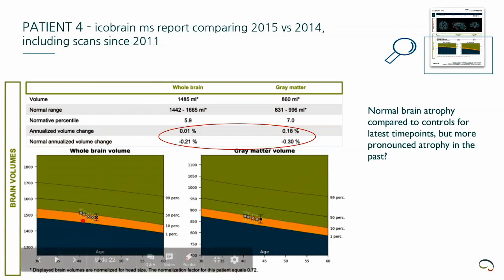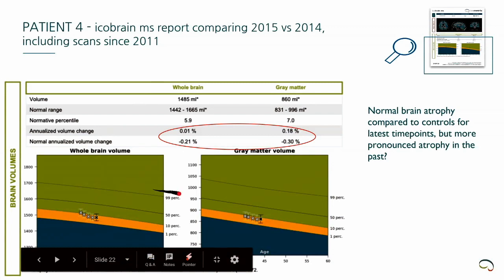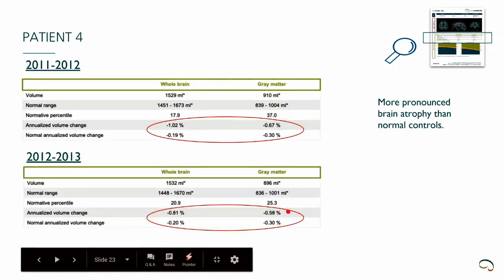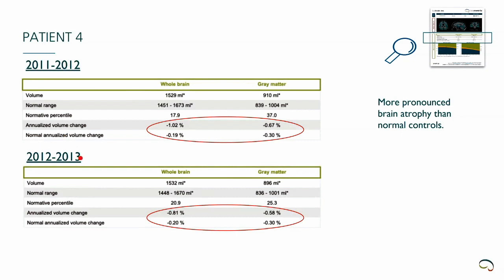And here you see that for the gray matter volume measured separately, the patient also slightly dropped beneath the 10th percentile. And when we look at the numbers, when we compare 2011 and 12 and 2012 and 13, we can see that there is a volume change of about 1% annualized.